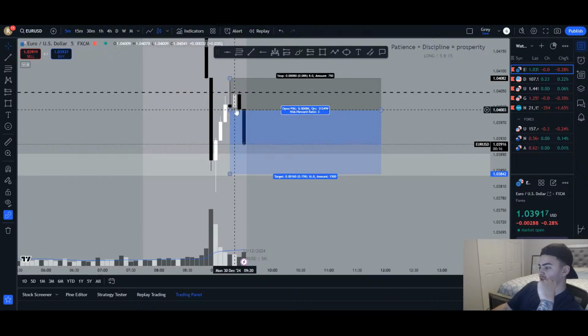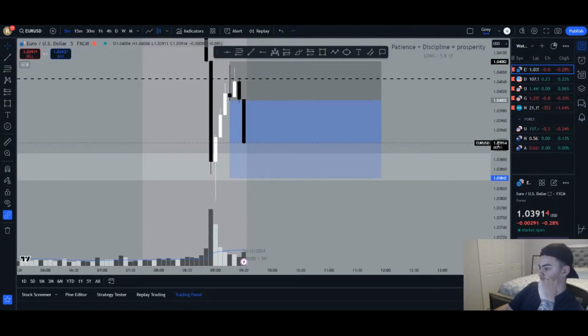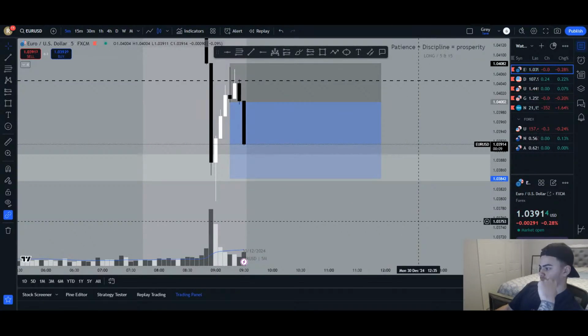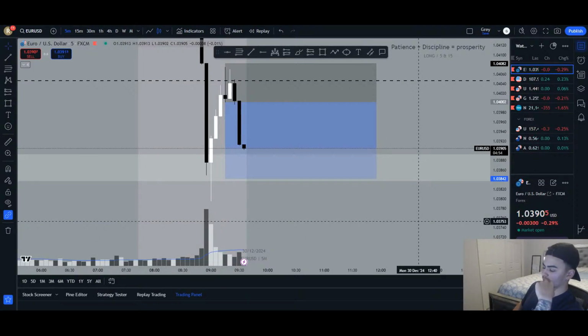If it closes as a full candle, no wicks at all, make me proud. Which it can actually. 8 seconds left. Okay. Candle closed really good. I like that.